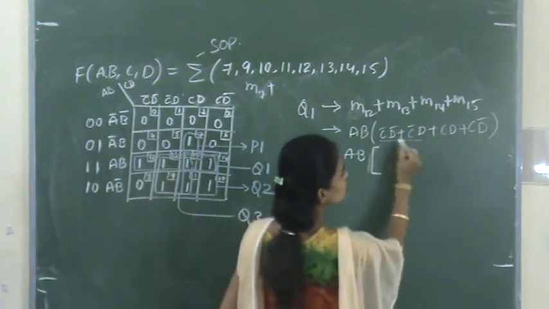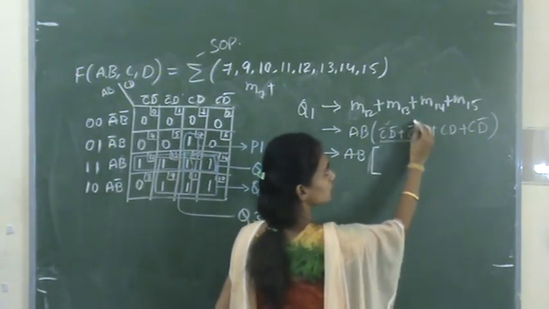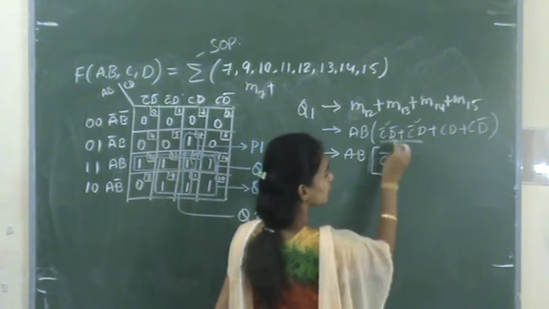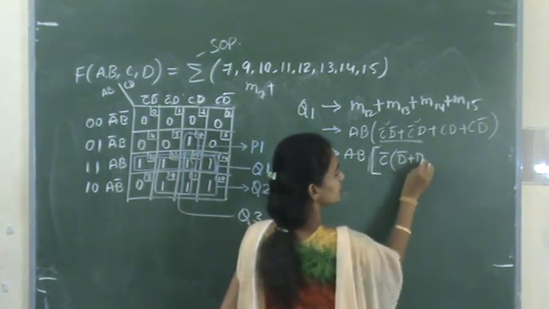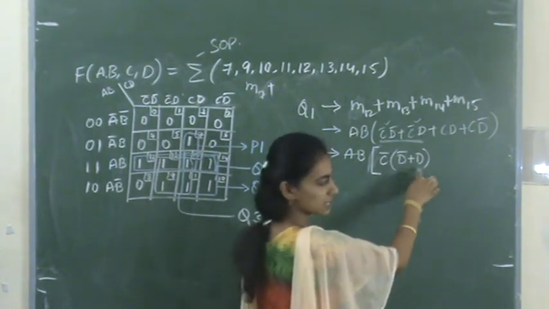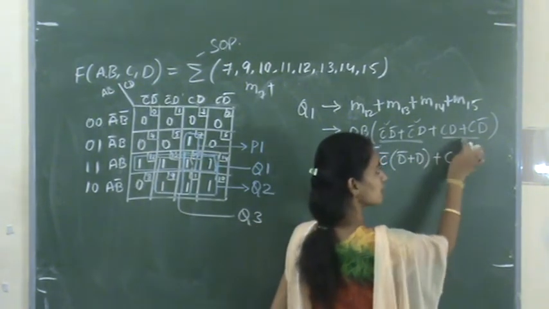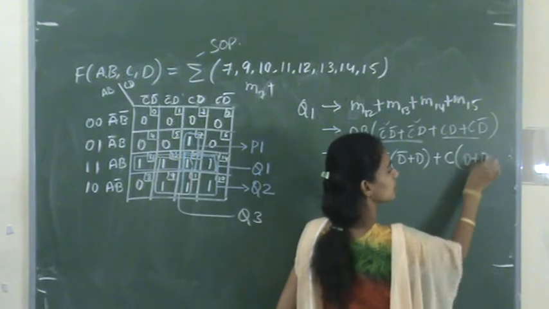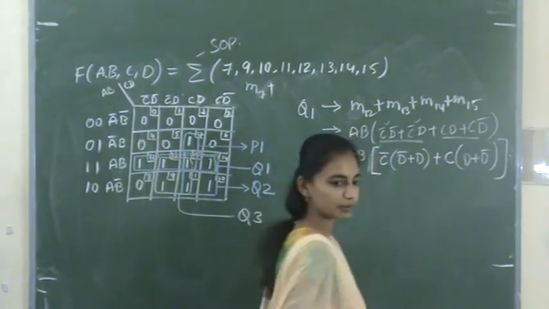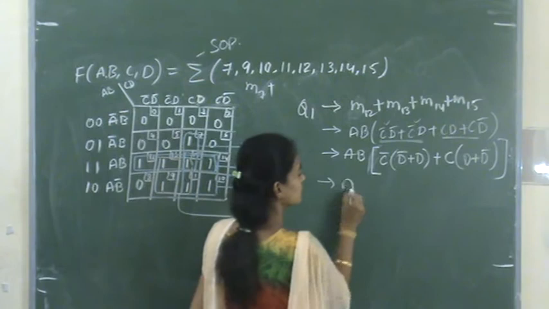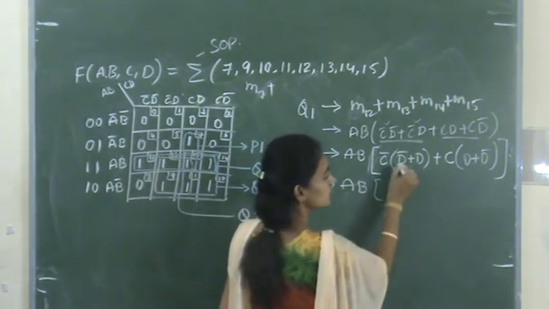For these two terms, we have C bar as a common factor, the remaining is D bar plus D. We know that D bar plus D becomes 1, right? In these two terms, C is common, D plus D bar, which becomes 1.